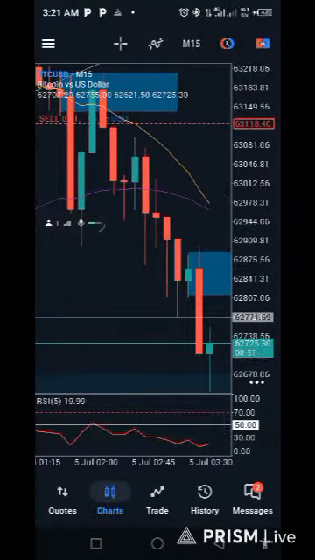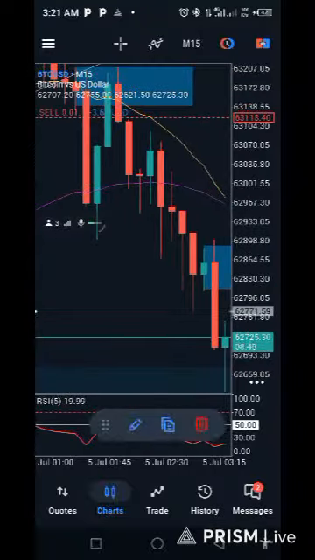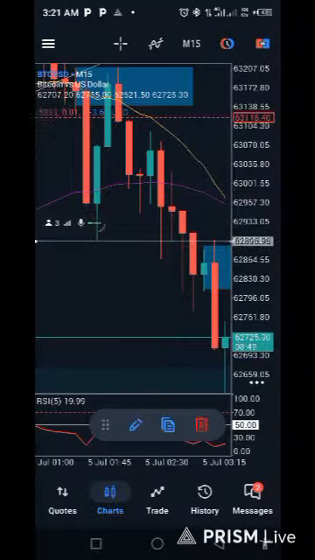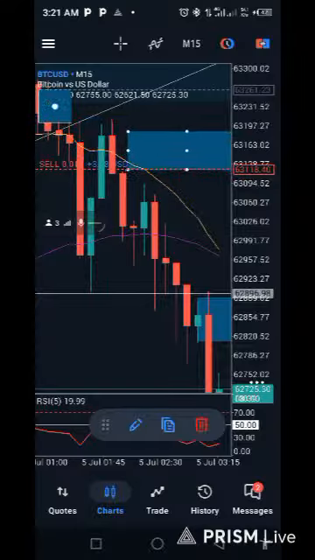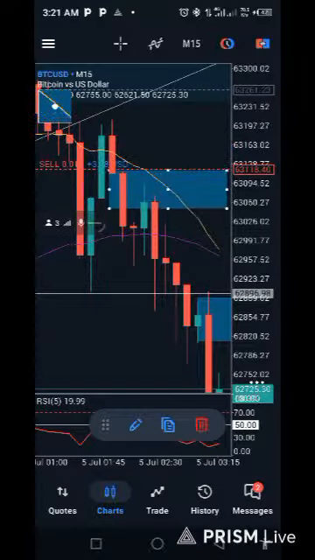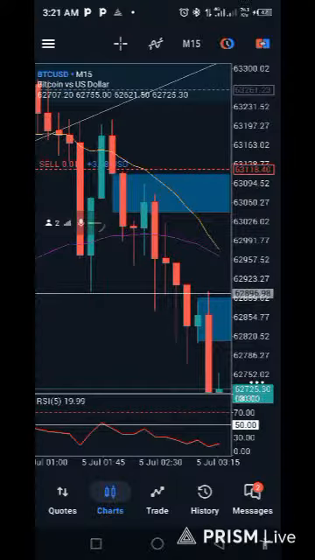After it broke structure here, it reversed back up, came here and touched this other block here. There was another block here, a fair value gap that it touched and reacted on. So sometimes it reverses at the zone of the fair value gap.